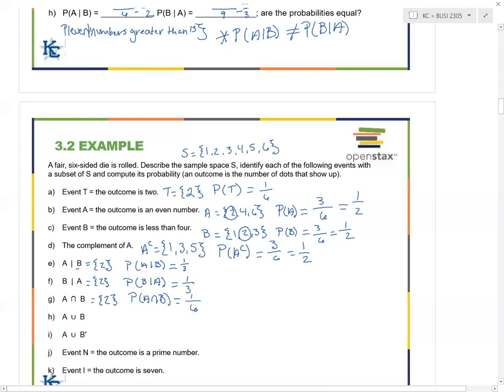So A union B. We want to put everything that's in either one of them. So we have 1 in B, we have 2 in both of them.